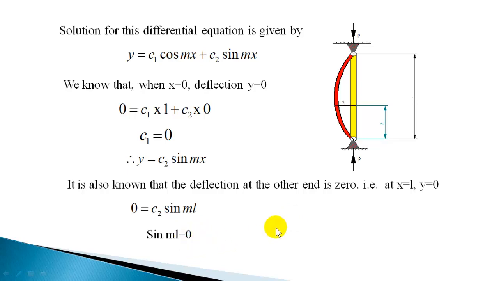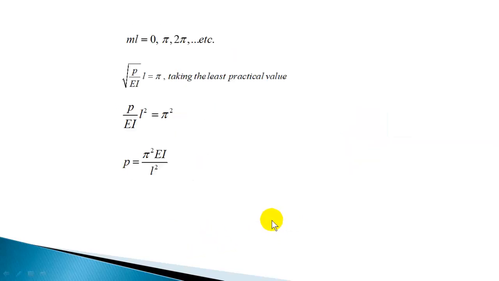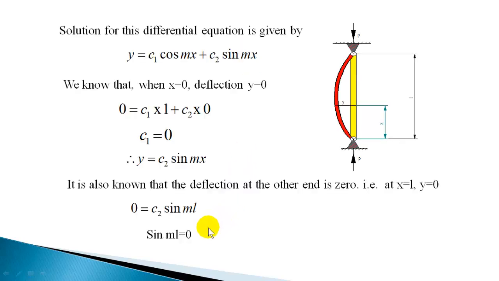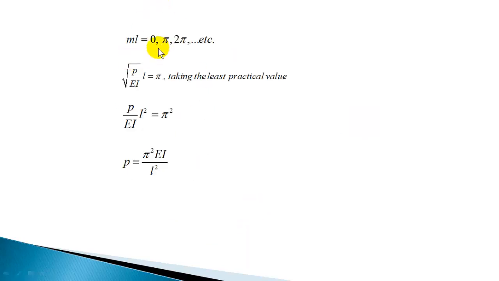Okay, this is the solution which we are getting. Sin mL is 0. The sine of a quantity is 0 when it is 0, pi, 2 pi, etc. So when mL is equal to 0, pi, 2 pi, etc., sin mL will be 0. But mL equal to 0, you cannot take as a solution. mL equal to 0, where m is root of P/EI, means P has to be 0. Without P being 0, you cannot get mL equal to 0.